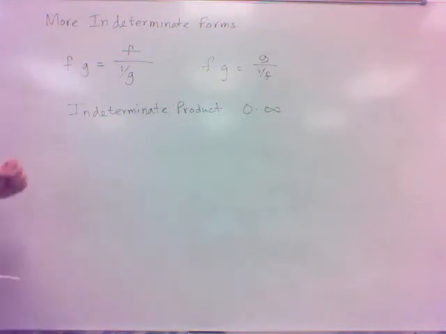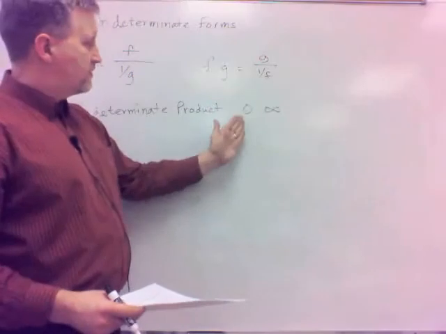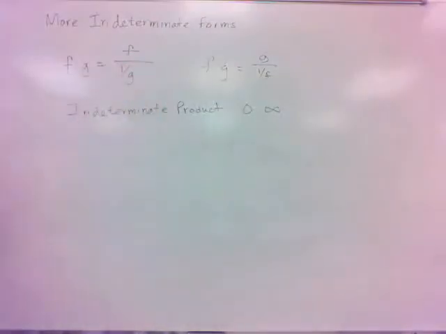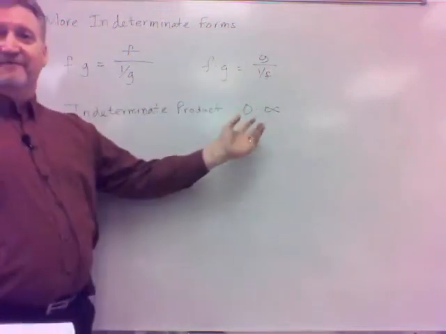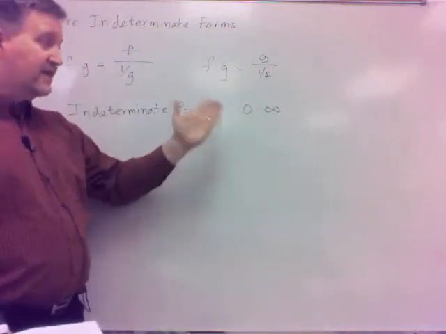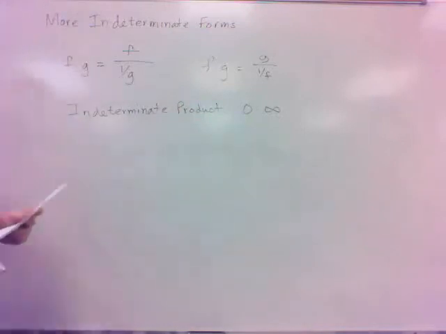Now, instead of 0 over 0 or infinity over infinity, we're going to have 0 times infinity. And the reason that's indeterminate is because that's not always going to be 0. Usually we think 0 times anything is 0. That's not always the case. It may very well be 0, but it is indeterminate. There are some things you have to look at to determine if it is. Let's take a look at that.